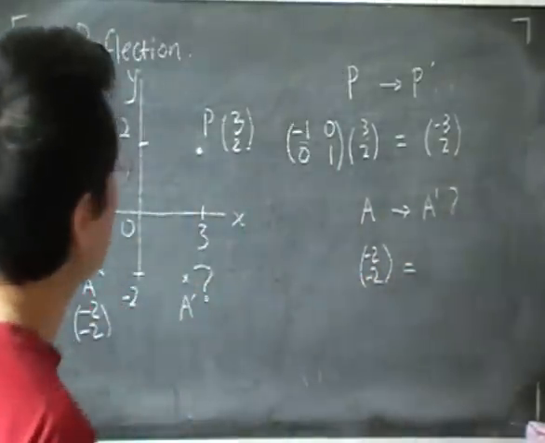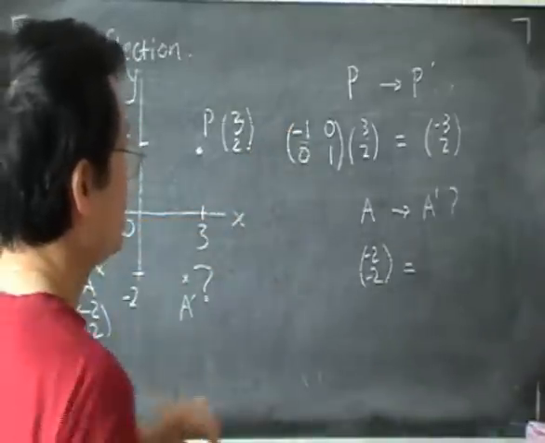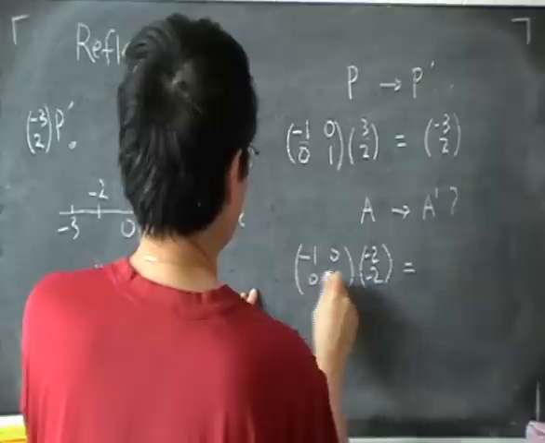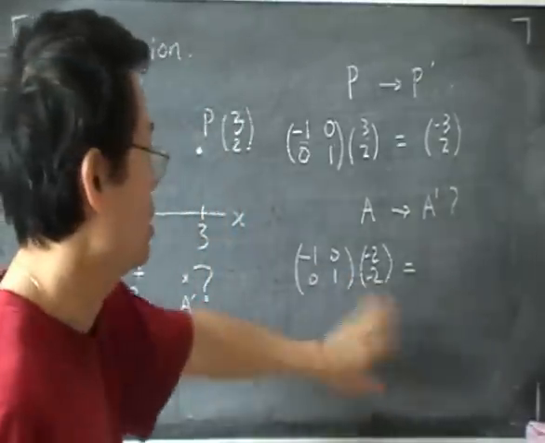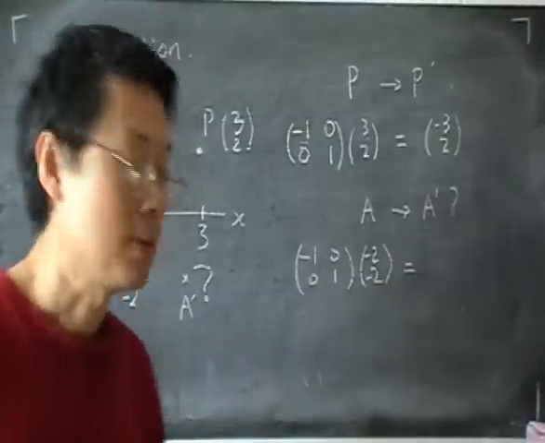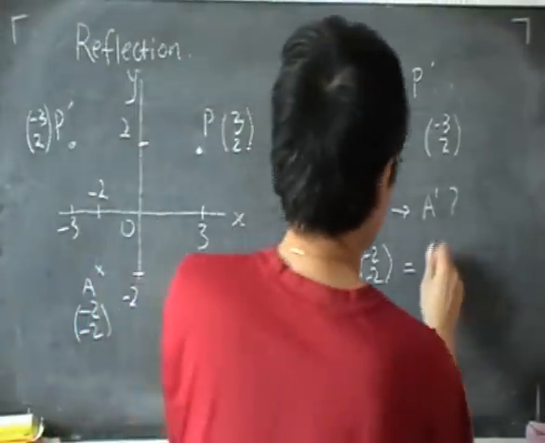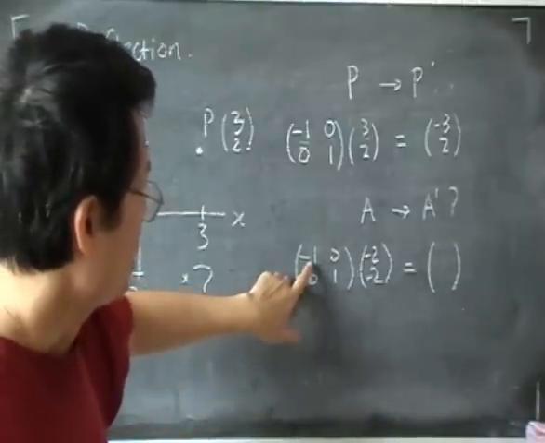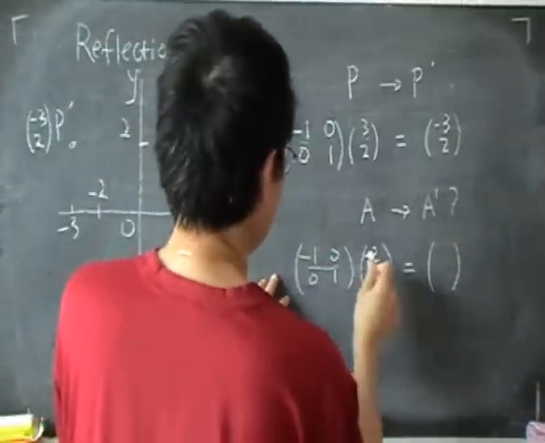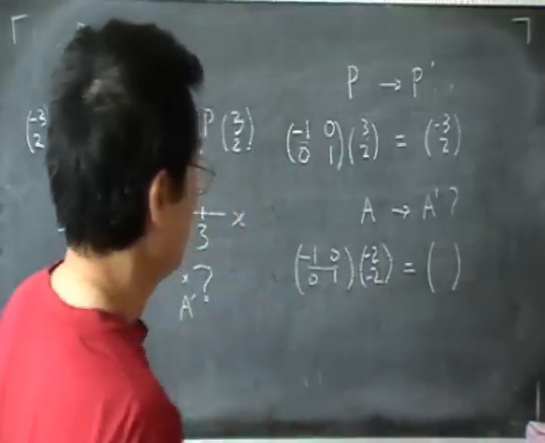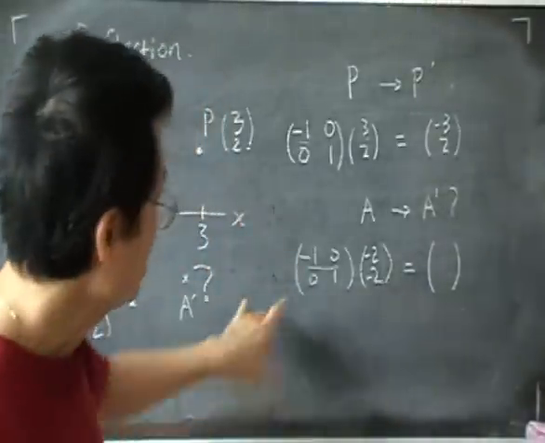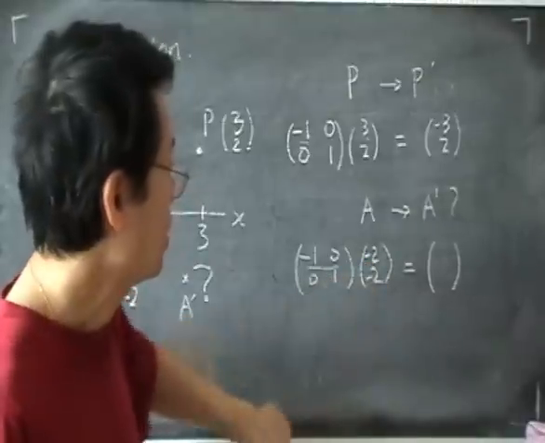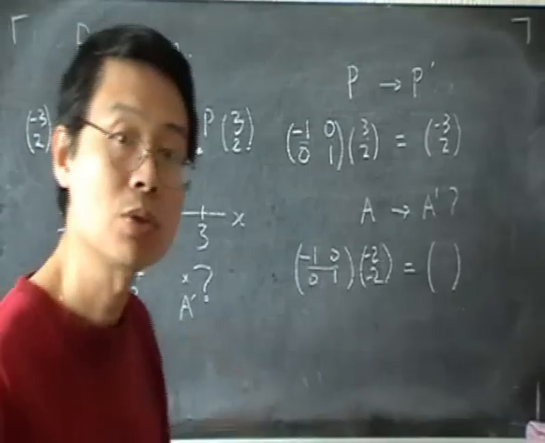And the idea is that I should be able to find the answer using this matrix, -1, 0, 0, 1, and multiply it by the vector for A. So let's try that. When we multiply, we take this row and multiply it by this column, number by number. So we start with -1 times -2, which is 2, plus 0 times -2, which is 0.